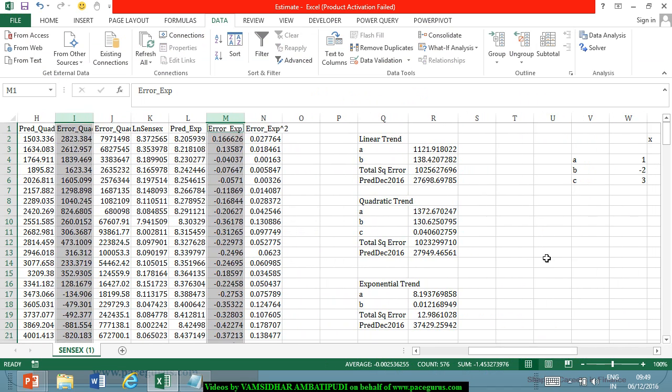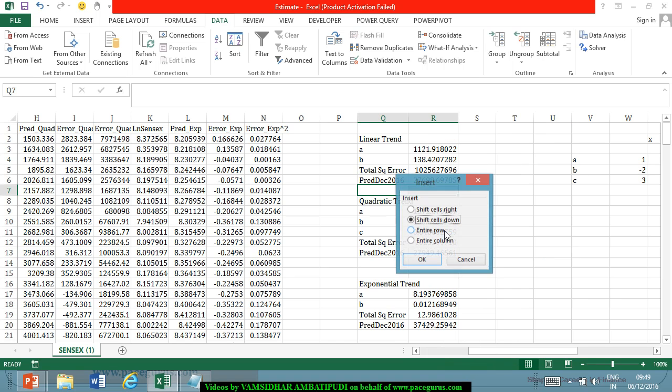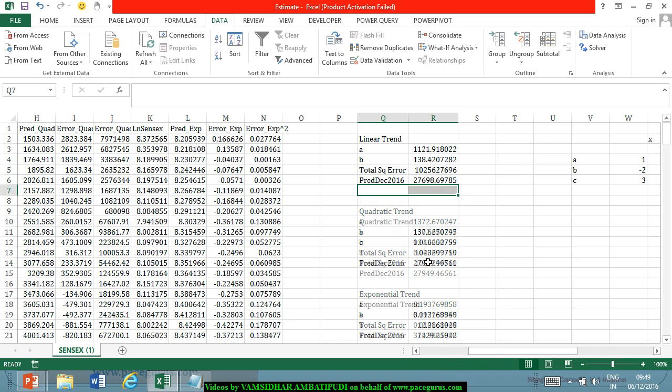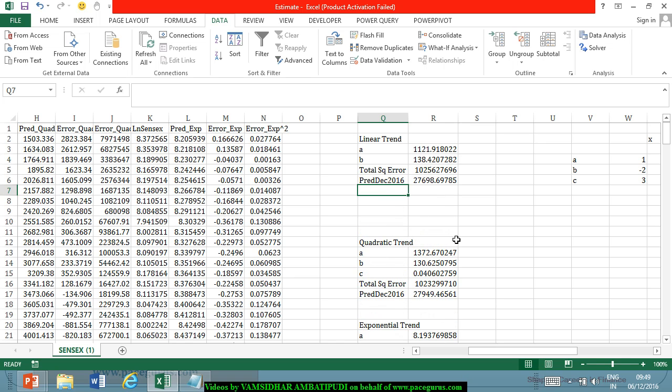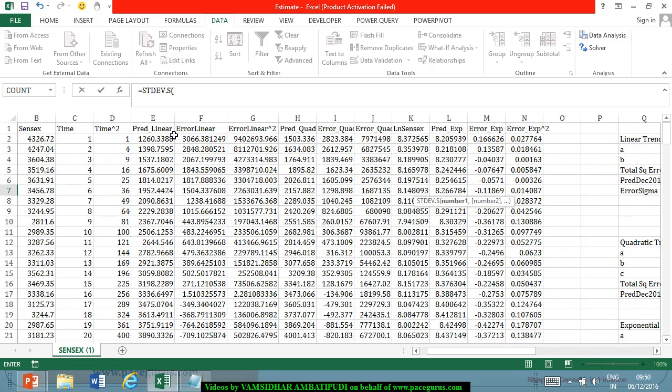So let me look at the sigma value, the error's standard deviation. I am using the standard deviation of the linear predicted model's error.